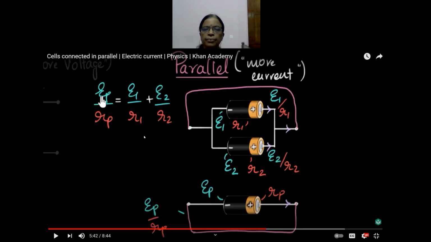If you want both, you use a series-parallel combination. You connect two cells in series and another two cells in series, then connect them in parallel, and you get more voltage and more current.